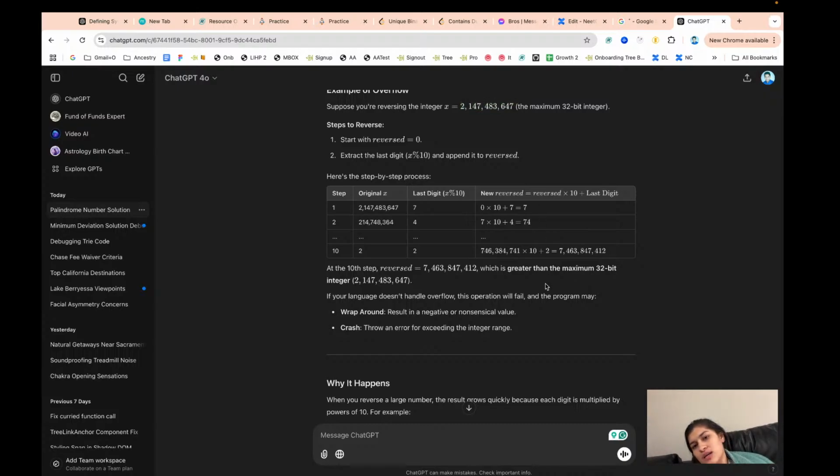Okay, I did not know that actually, that this is the maximum 32-bit number. Wow. I thought it would be 32 digits. Yeah, I did not know this. It is good to know, because if this is the integer max, then obviously if I reverse it, it will overflow, right?